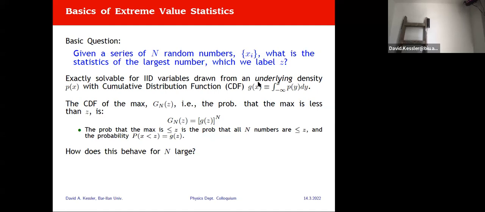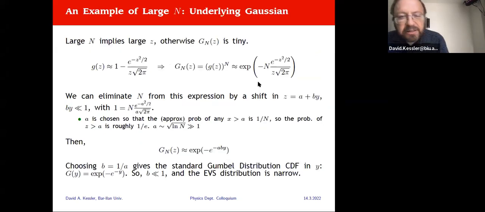What is that shape? The exact answer is trivial, but approximating it and understanding what happens for large n is less trivial.